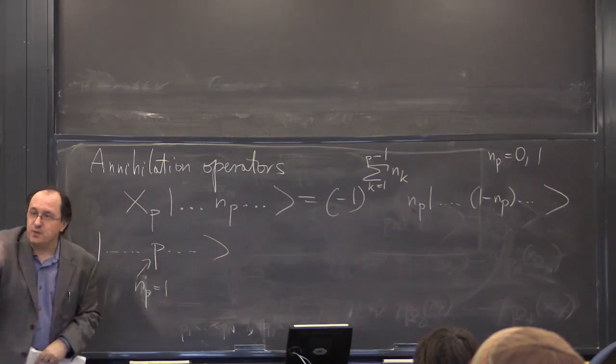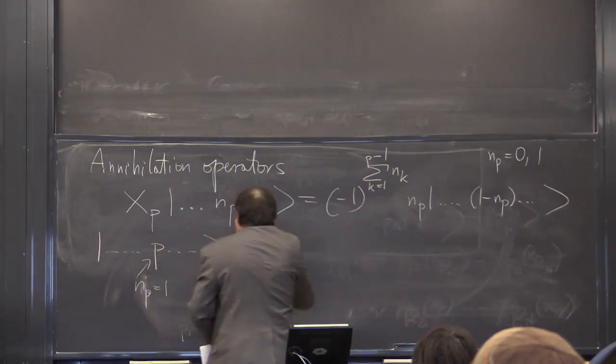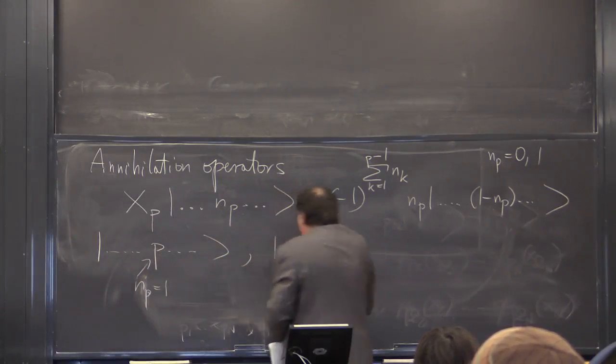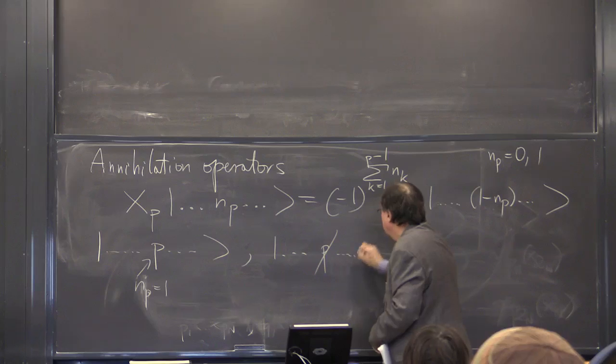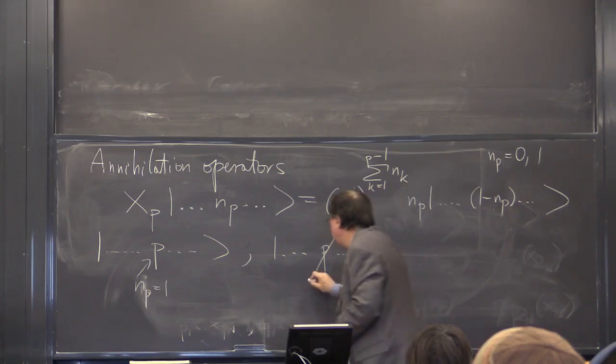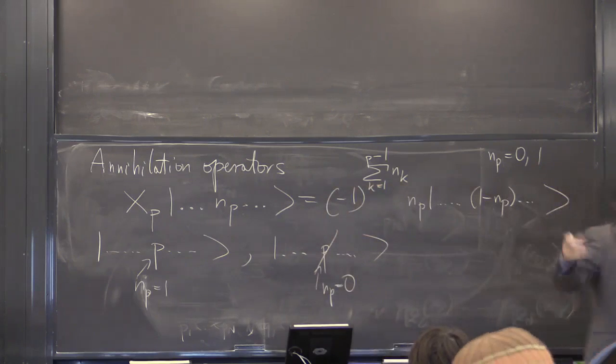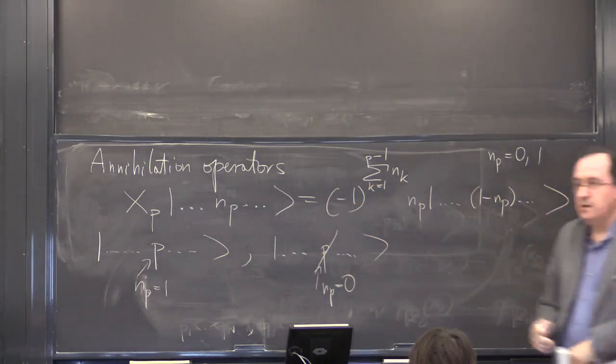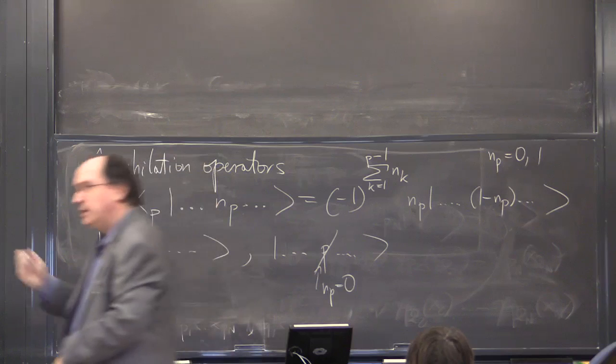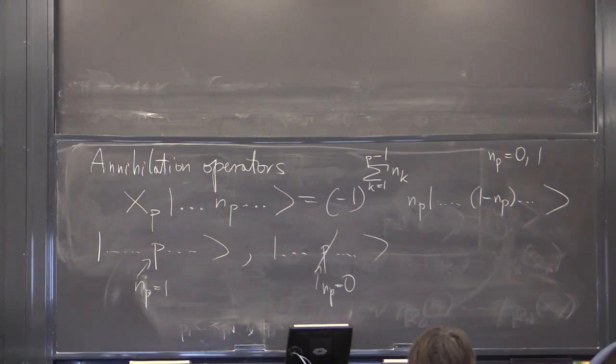Let's agree on such a convention. If I write P and I cross it out, what I mean is that N_P is 0. As I said, this is what Norman March and co-authors use in his very famous book, and it's going to be very convenient for what we're going to discuss now.